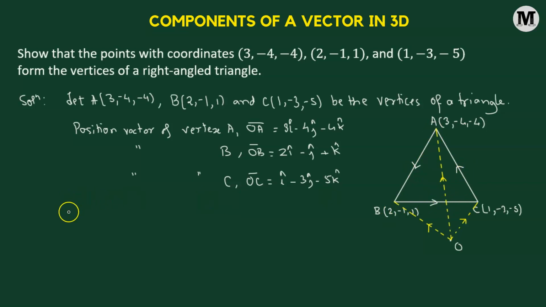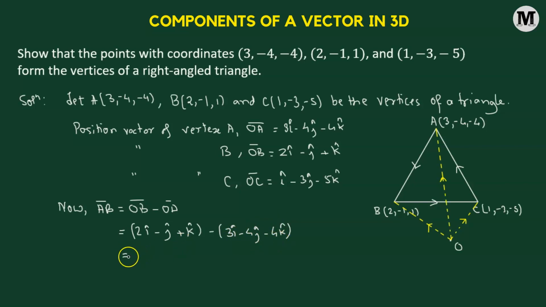Okay, so let's first compute AB vector. AB vector is defined in terms of the position vectors as OB vector minus OA vector. So let's use the values. OB vector corresponds to 2i cap minus j cap plus k cap. And from here, we're going to subtract OA vector, which is 3i cap minus 4j cap minus 4k cap.